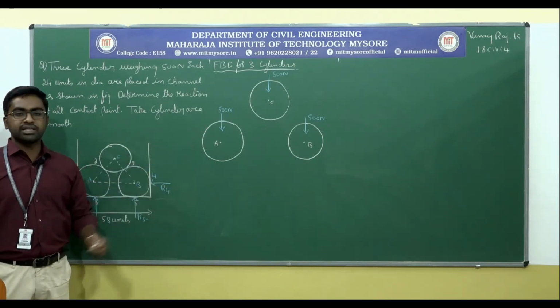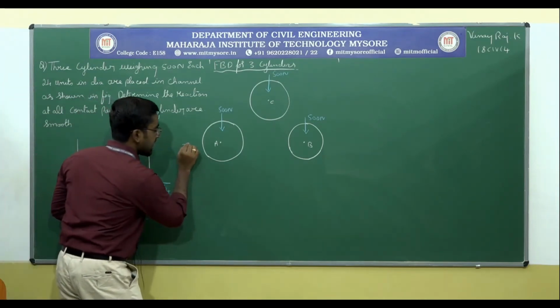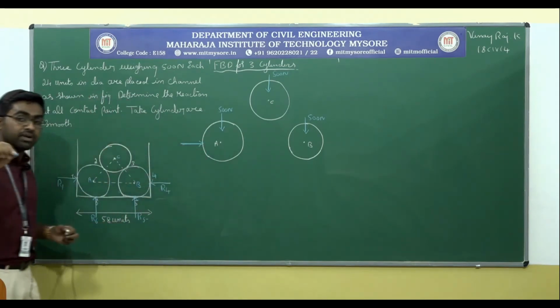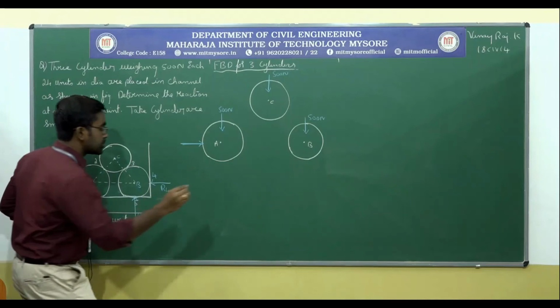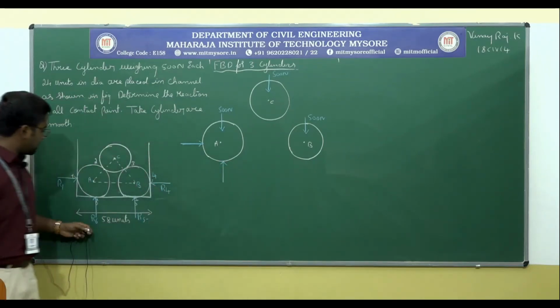I can easily mention it in the free body diagram. So this is R1, and always the line of action of the reaction should be passing through the center of the cylinder. You have to keep that in mind always.